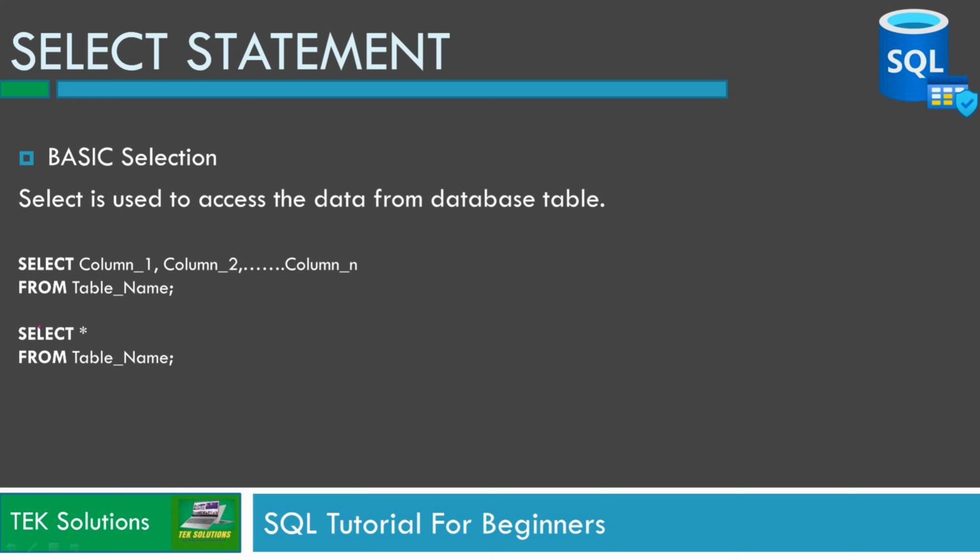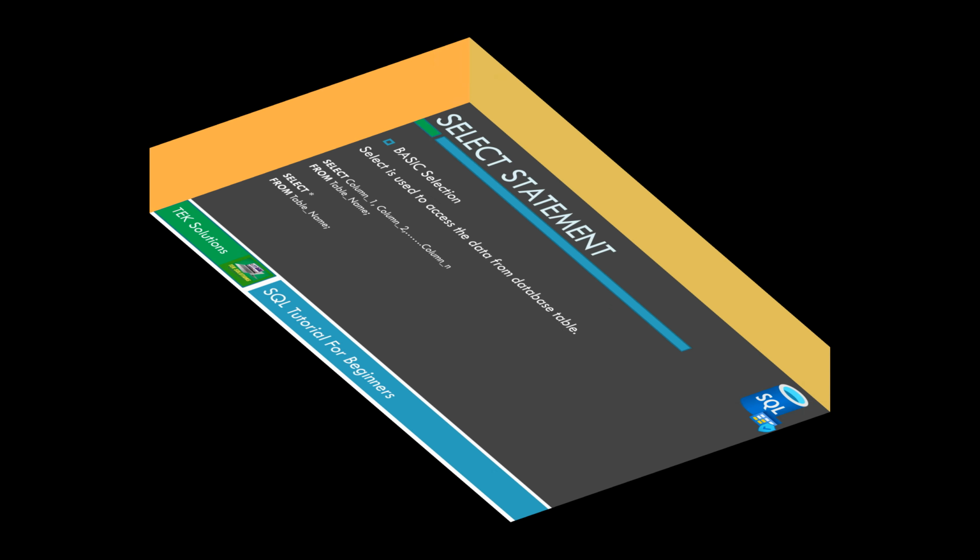Another basic selection uses the asterisk: select asterisk from table name. In this case, you don't need to write down the names of all the columns, and the asterisk will bring all the columns from the table.